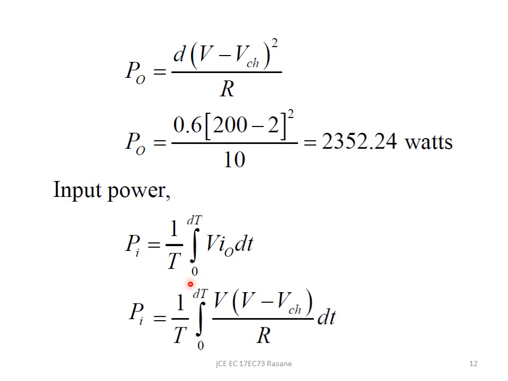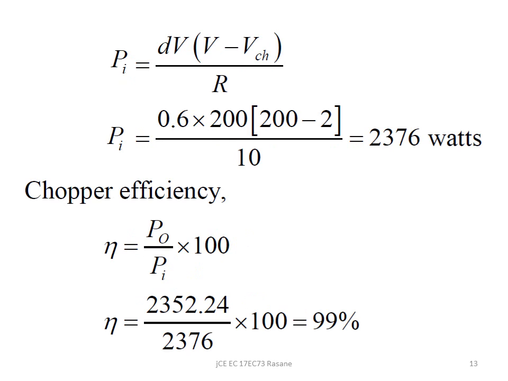Now evaluating the input power: it is 1 upon T, integral 0 to T on, of V into I naught into dt. So substituting I naught as equal to V minus VCH by R and keeping the rest as it is, let us substitute. So substituting the values of V minus VCH upon R, the input power is evaluated as 2376 watts.